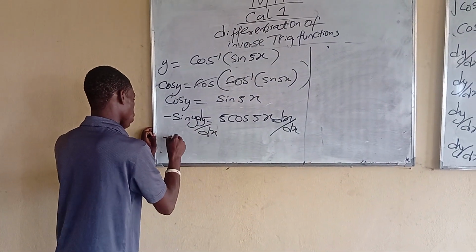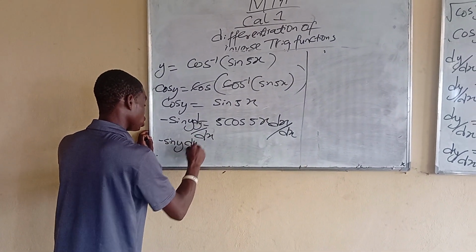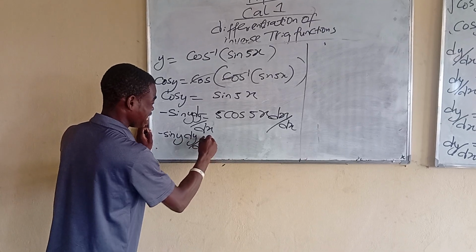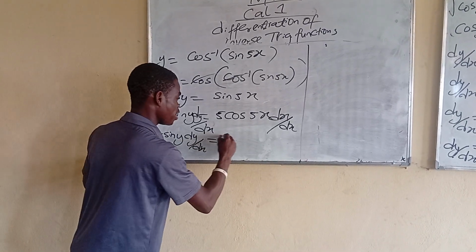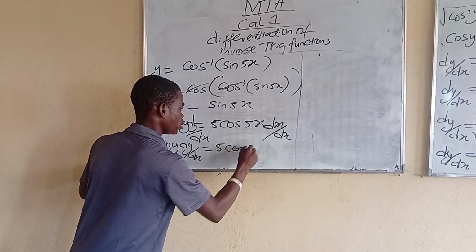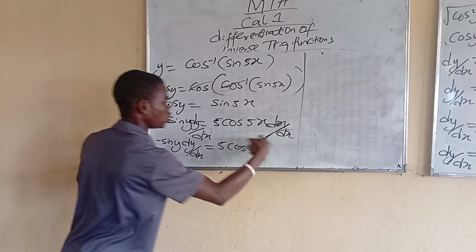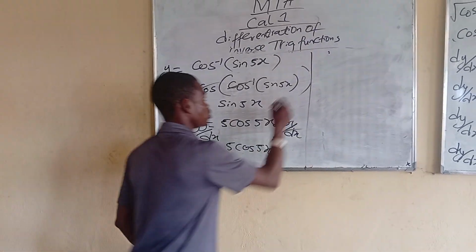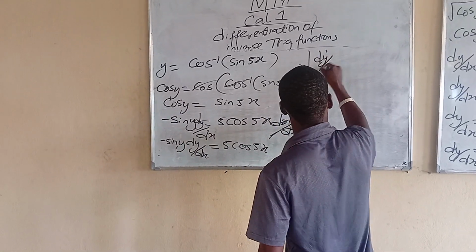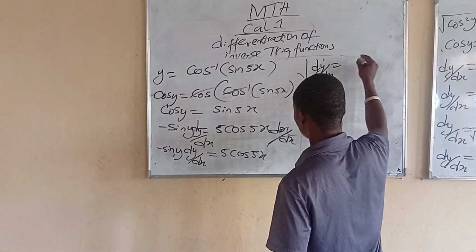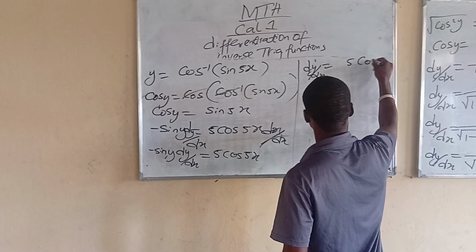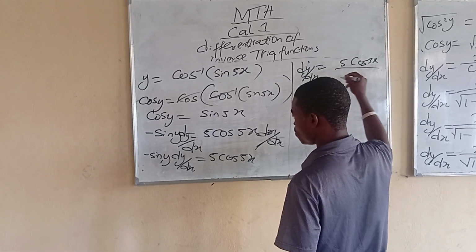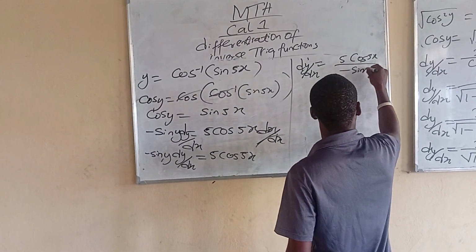So minus sine y dy over dx equals 5 cos 5x. This is gone. Okay? So making dy over dx the subject of the formula, dy over dx will be equal to 5 cos 5x divided by minus sine y.